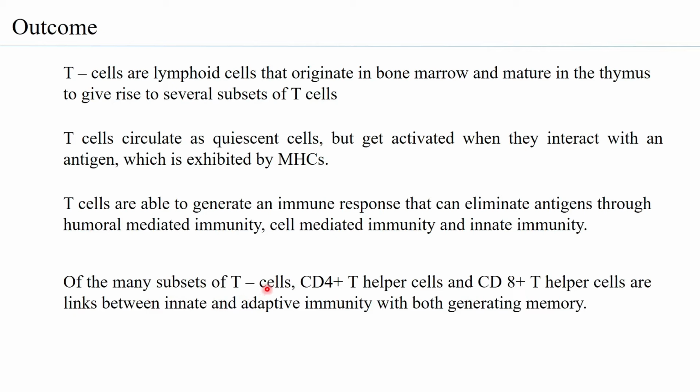Of the many subsets of T cells, CD4 plus T helper cells and CD8 plus T cells are links between innate and adaptive immunity, with both, that is CD4 plus and CD8 plus, having the capability to generate immunologic memory. And that's the reason why it is part of the adaptive immune system.